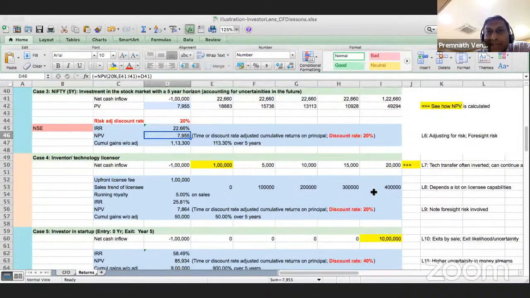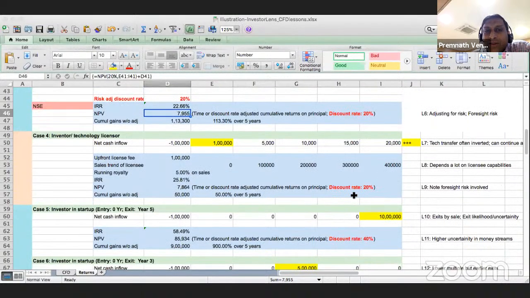Now this sales number decides this flow, and therefore the ability of the licensee to do sales makes a big difference to how much you make out of that investment of 1 lakh upfront, isn't it? And it all depends upon your understanding of risk, which decides your perception of value.